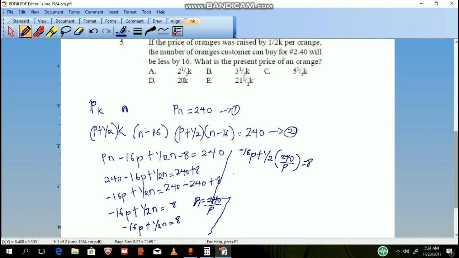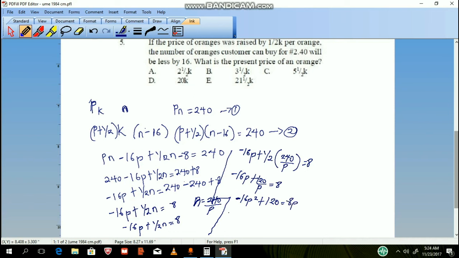Therefore, that will imply negative 16P plus 1/2 times 240, that will be 120, over P, equal to 8. If I multiply all through by P, I will have negative 16P squared plus 120 equal to 8P.